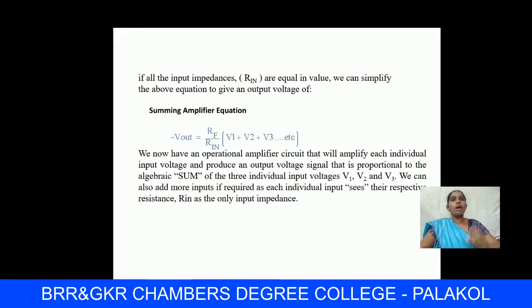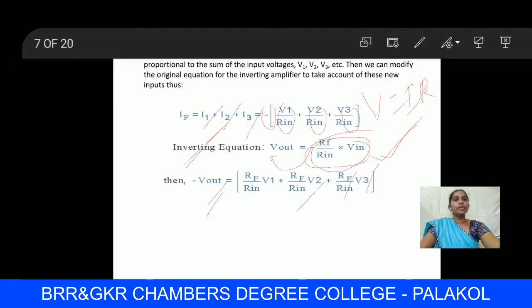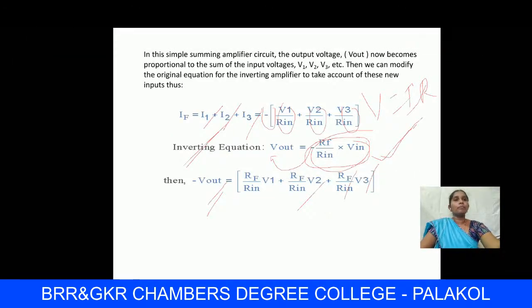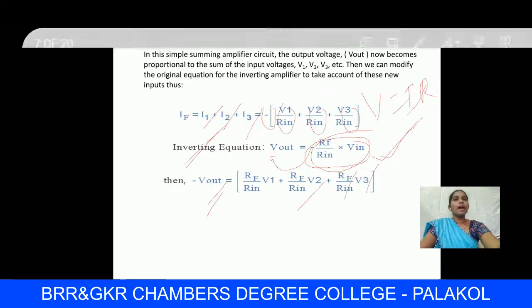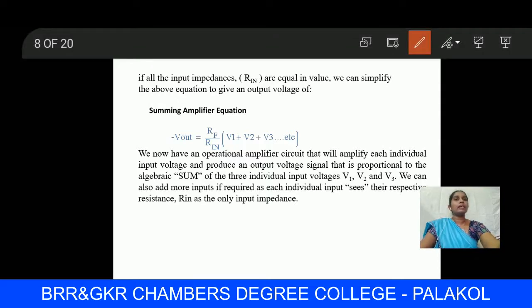Now, if all the input resistances are equal in value, we can simplify the above equation. If we take Rf by Rn common, then minus V out is equal to Rf by Rn into V1 plus V2 plus V3 and so on. This is the final equation for a summing amplifier.